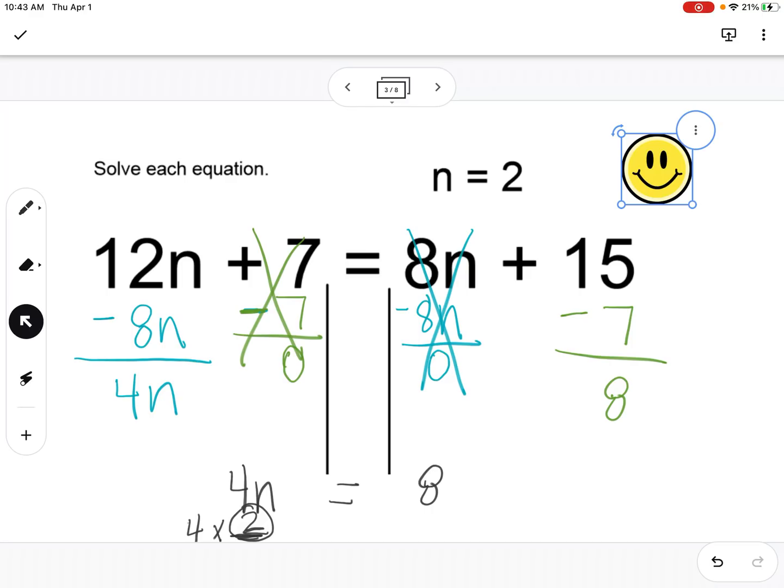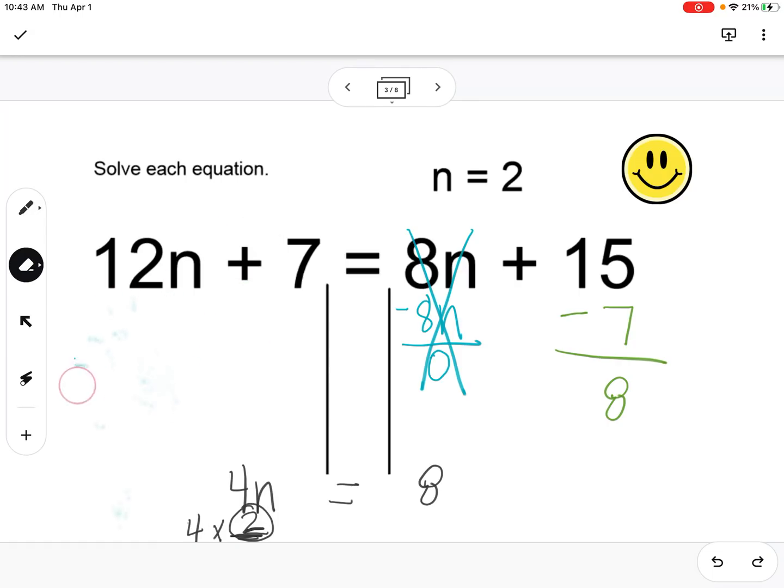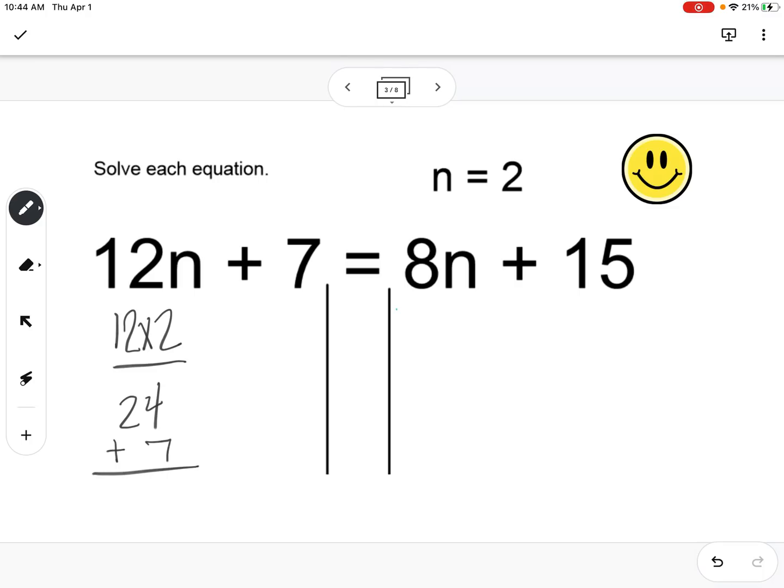Now we could go ahead and try this out to see if it really worked. For instance, we could plug in, since we know that n is 2, 12 times 2, I know that is 24, plus 7. 24 plus 7 is 31.